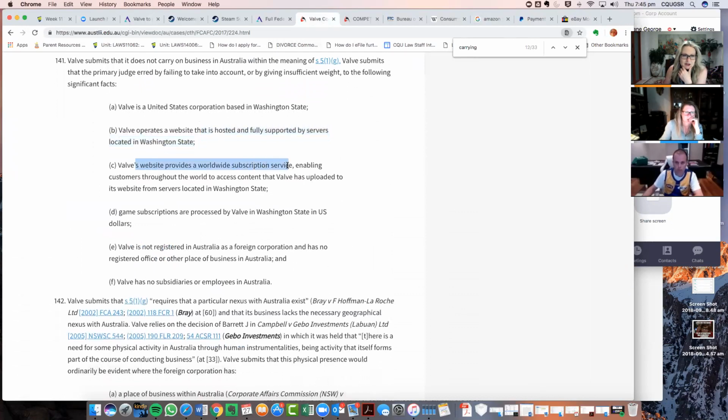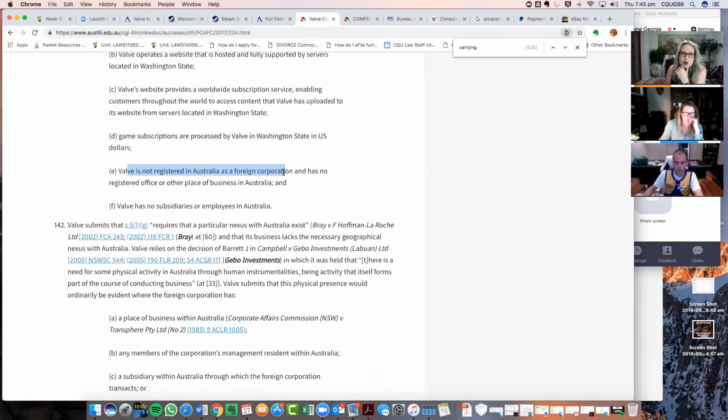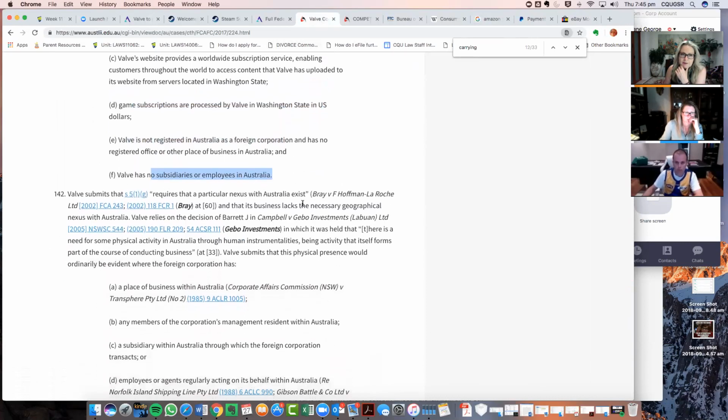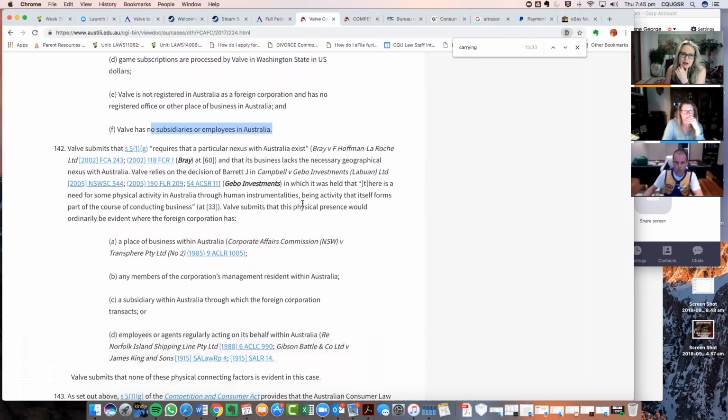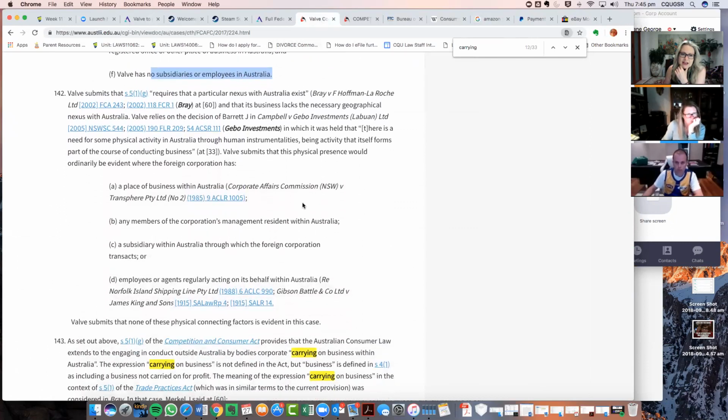They provide a worldwide service, game subscriptions are processed in US dollars, and they're not registered in Australia as a company, with no subsidiaries here. And I think people were hoping the court wouldn't attach any real importance to the fact that they had personal property here in the form of physical servers.